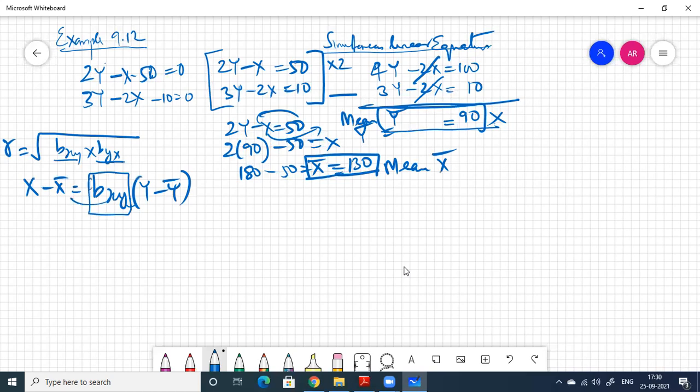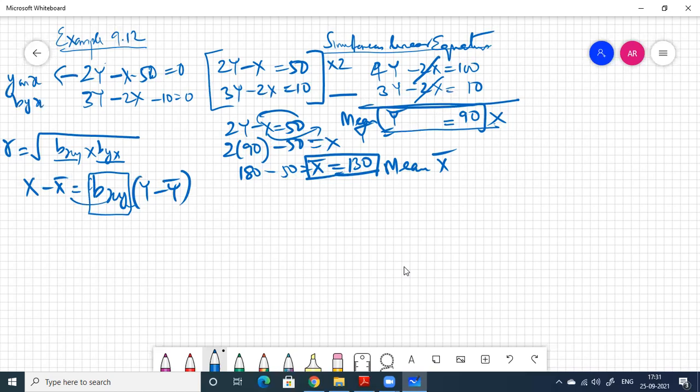What you have to do, you have to change the given equation. Okay, anyone you can take, and let us see, can we take x minus x bar? Okay, let us take this equation and try y on x. That is, we can try b of yx is coming, we can see.